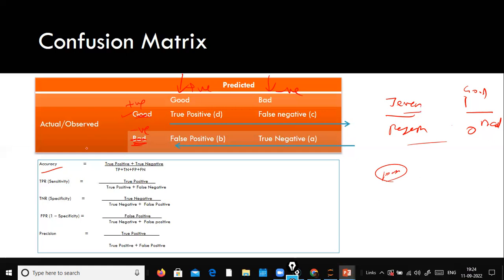And also, let's take the same bank example, right? The person is actually good, and my model also correctly predicted good. If you approve the loan to this guy, it will be good. But actually the person is bad, his records are bad, but my model wrongly predicted he is good.